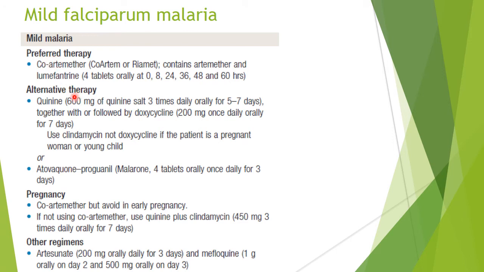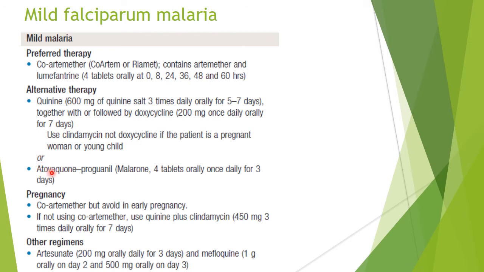If the Plasmodium falciparum in that area is still sensitive to quinine, we can give 600 mg of quinine salts 3 times a day, orally for 5 to 7 days, together with or followed by doxycycline, 200 mg once daily for 7 days. So we can give quinine plus doxycycline, or quinine plus clindamycin for pregnant women or young children.